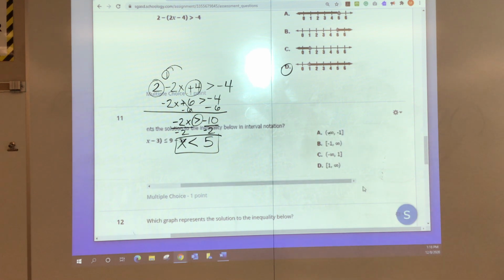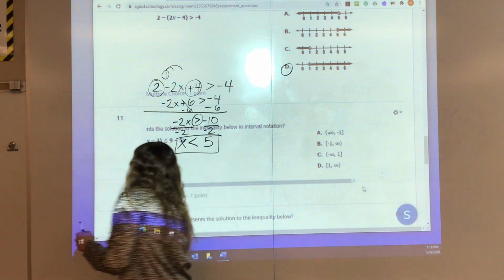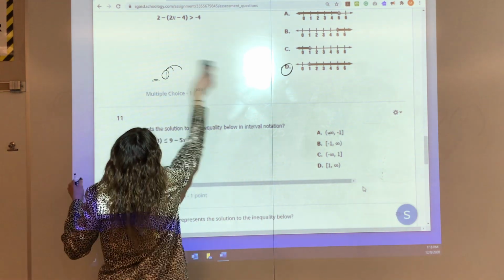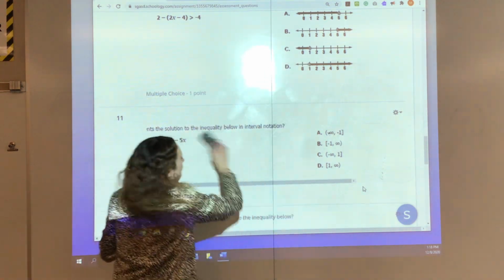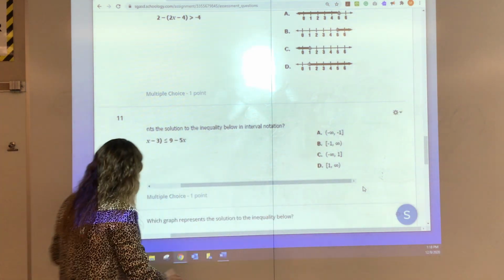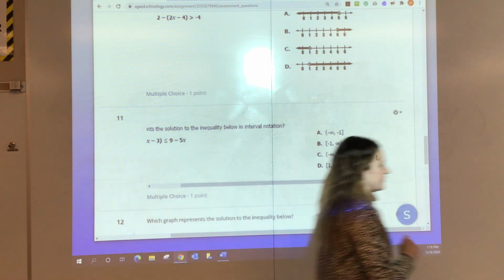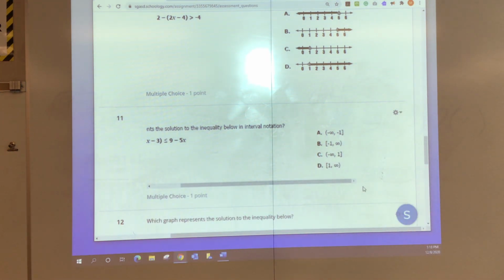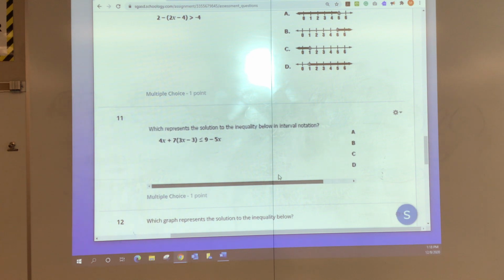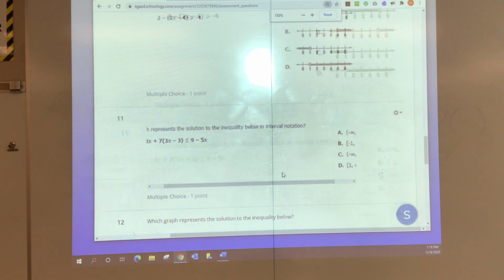For number 11, we have to see that interval notation in order to determine which one it is. So for number 11, I'm kind of cutting it off here. I didn't realize that. Make this a tiny bit smaller.